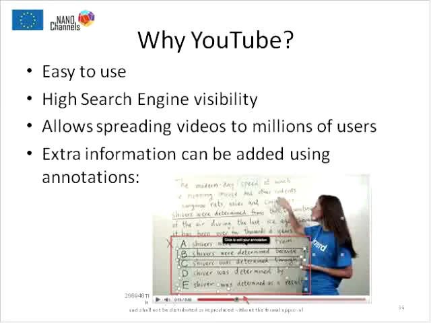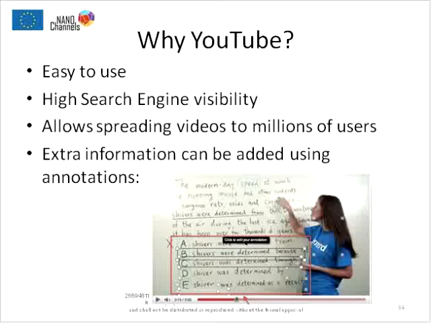So why are we talking about YouTube? YouTube is very easy to use, and in fact it's one of the reasons for it being so popular. A quick registration allows you to share your videos very quickly with family and friends. It creates high search engine visibility.